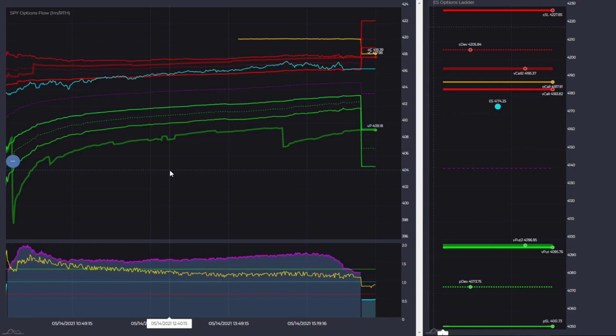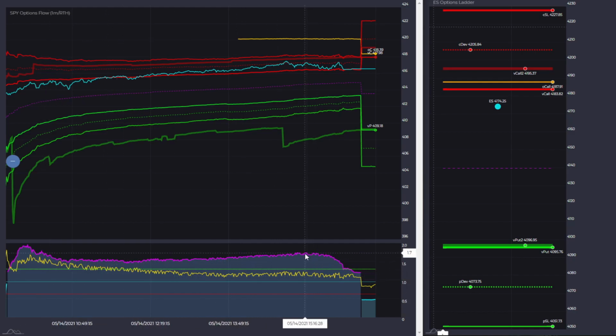Now the other thing that it's useful for is the second, lower part of this chart, which is this indicator, and the indicator is divided into three sections: a red line, blue line, and a green line.